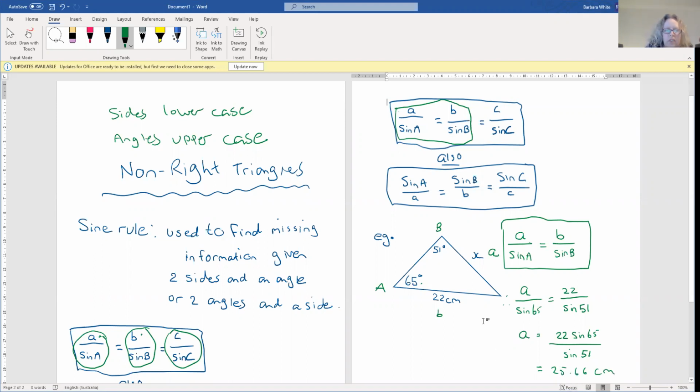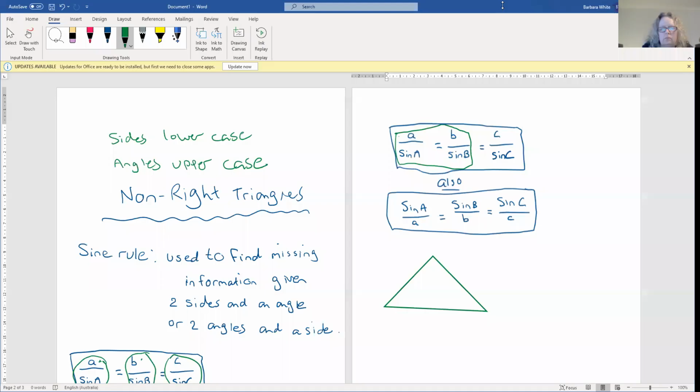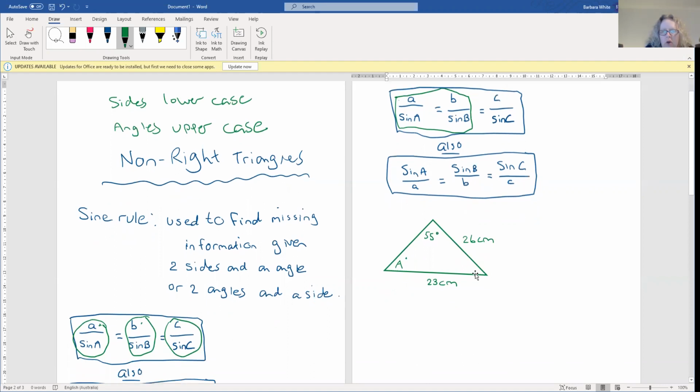All right, here is another example. This time we're given two sides and an angle, and we are trying to find this missing angle A down here.